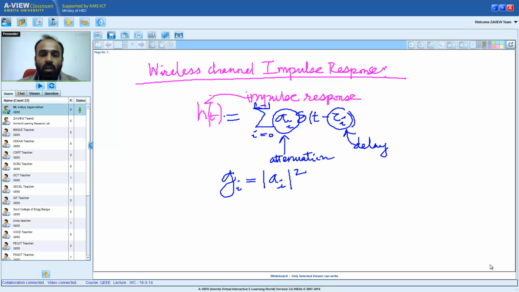If a i is the amplitude, the power G i equals magnitude a i square. So G i is the gain or power associated with the ith multipath component.